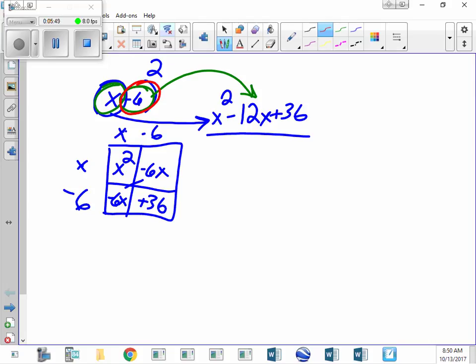And then this squared is 36. Okay? So the pattern is, if I cut that in half, I get negative 6. And then negative 6 squared is 36. Whenever that happens, then you have duplicate factors.